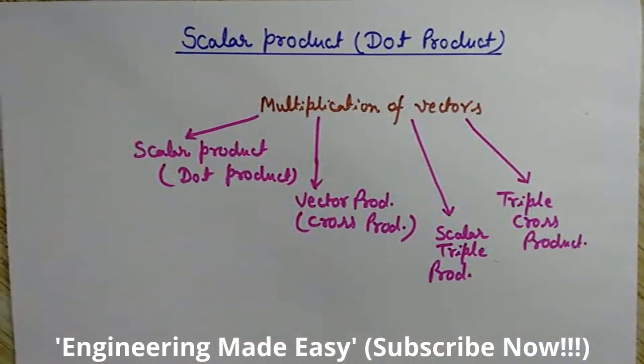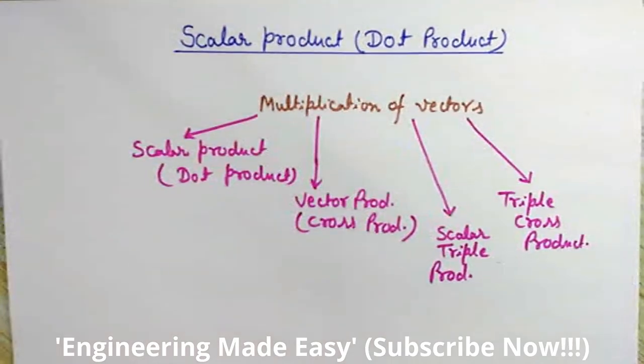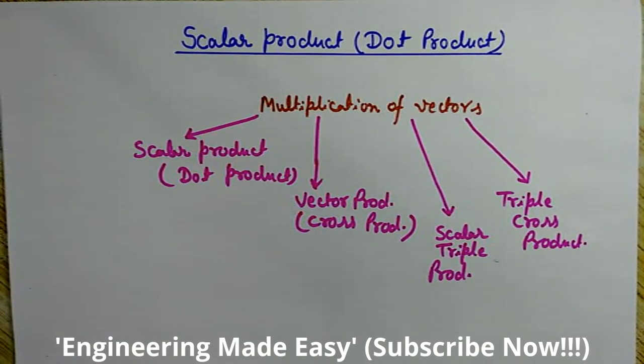These are the four different types of products. We will deal with all of these different ways to multiply vectors. Today, in this lecture, I will discuss the dot product, which is also called the scalar product. So let's begin the dot product.